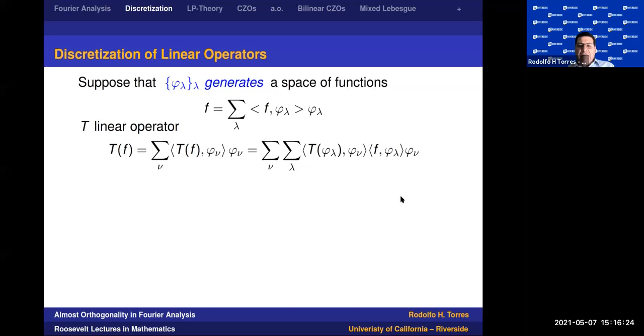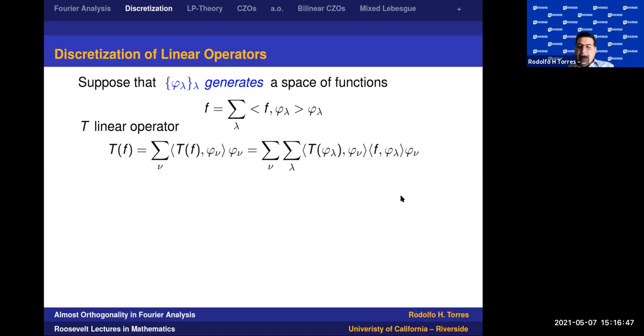You apply T to f, and then, you know, let's hope it's a function in the same space. So you can use the basis representation. And then you expand f by this expression. I'm doing 2 steps at a time. And then use the linearity of T. So imagine you move T, pass through the sum to the phi lambda. And then you end up now with 2 sums.